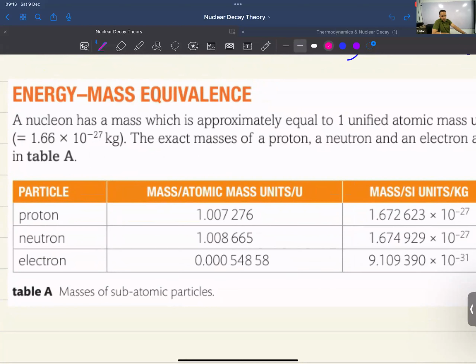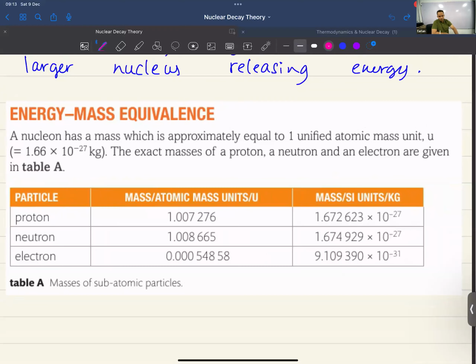The mass of the neutron is slightly different from 1, which is 1.008665 U. Mass of the electron is 0.000548, which is even to 3 decimal places or 2 decimal places, still 0 U. So that is the reason we usually don't consider the mass of the electrons. Anyway, take it down.